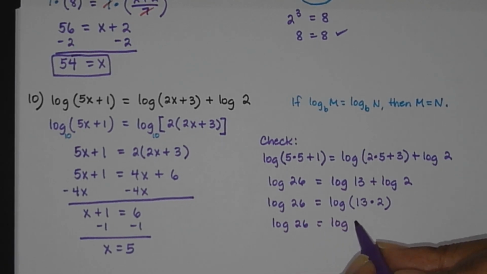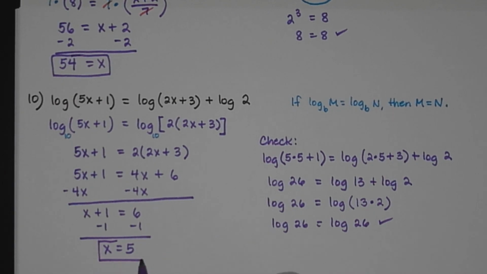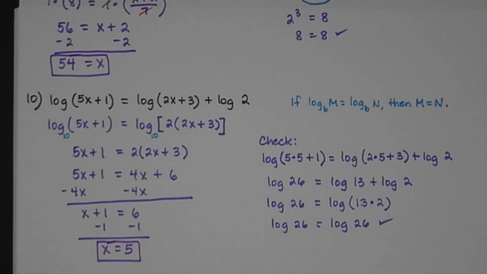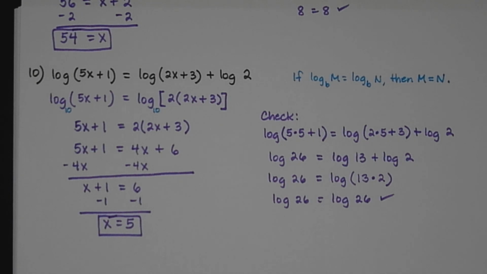So I have log of 26 equaling the log of 26. I would go no further than that, because the left side does equal the right side. So I can say here that x equals 5 is the solution to that logarithmic equation. All right. Are there any questions about problem number 10?